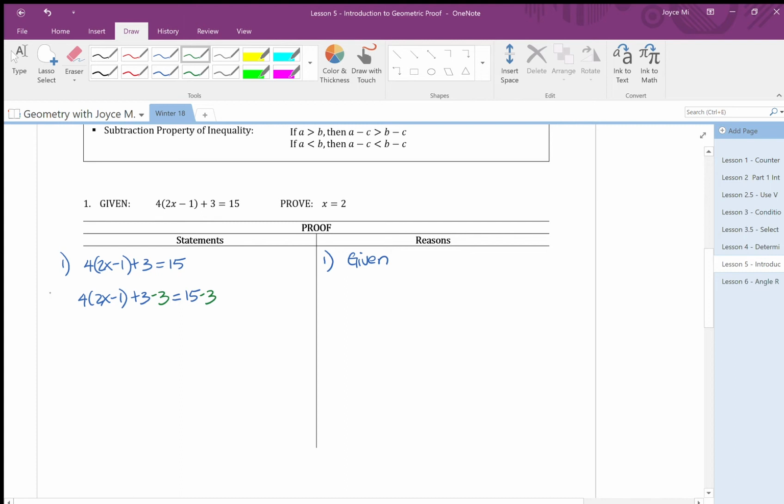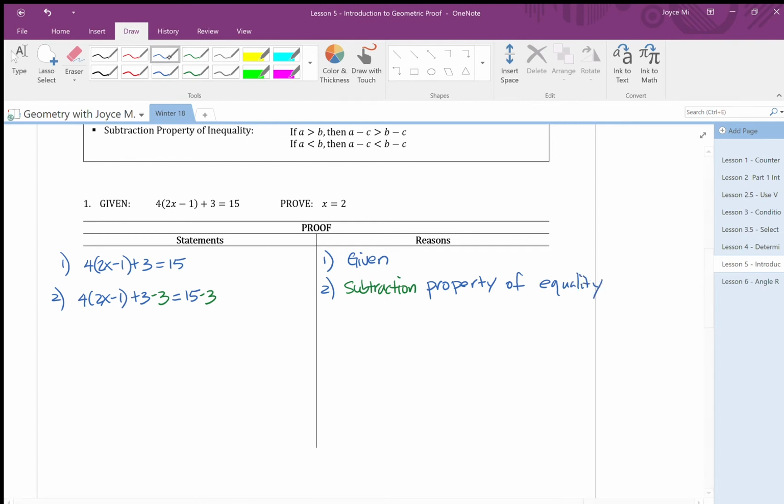That's my step 2. Notice that from step 1 to step 2, I subtracted 3 from both sides, so I call it the subtraction property of equality.